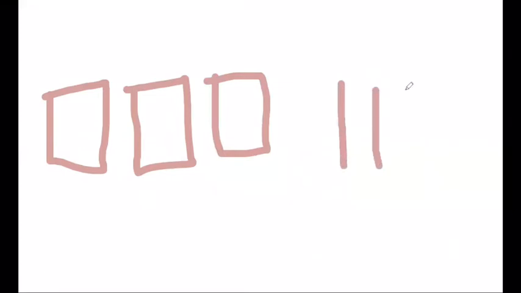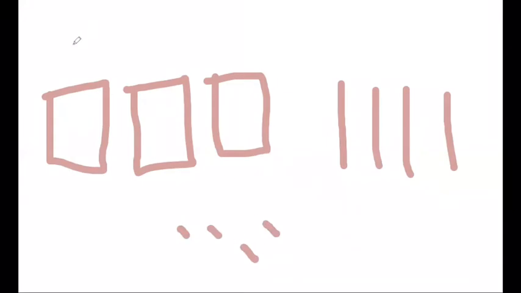Let's try another example, but let's change it up a bit. So now we have hundreds blocks, a different amount of hundreds blocks, a different amount of tens blocks, and a different amount of ones blocks.